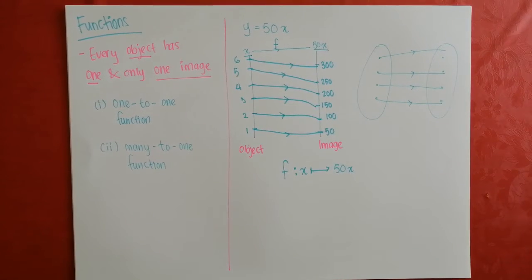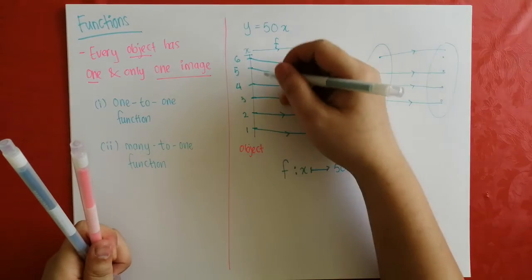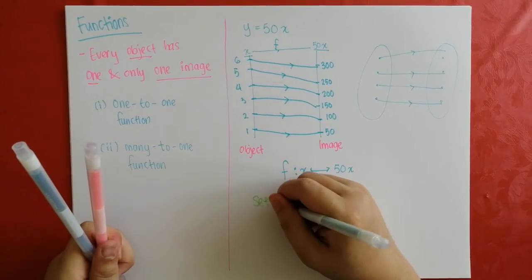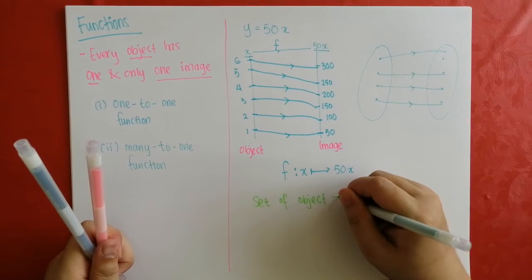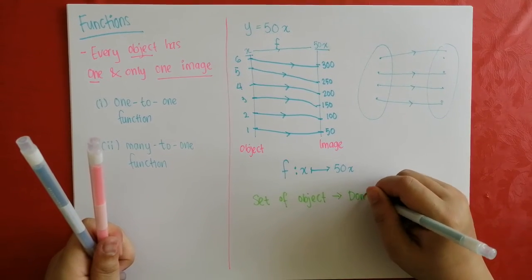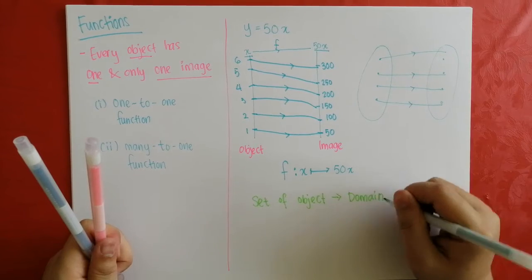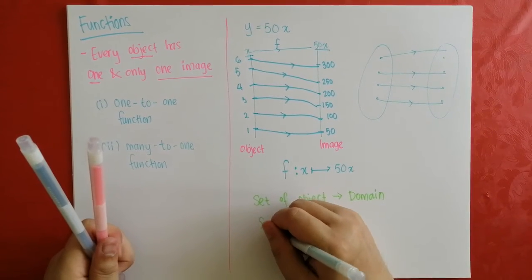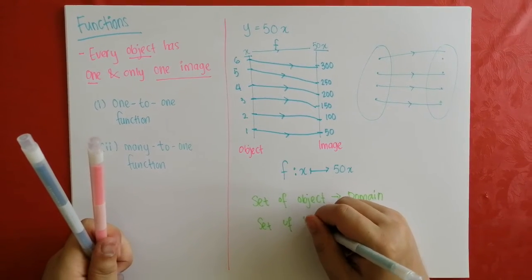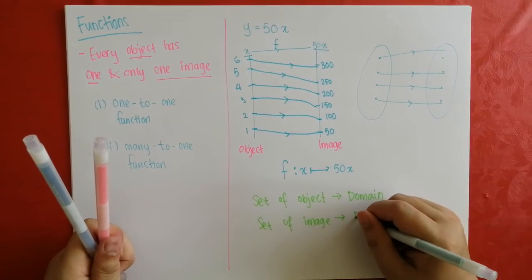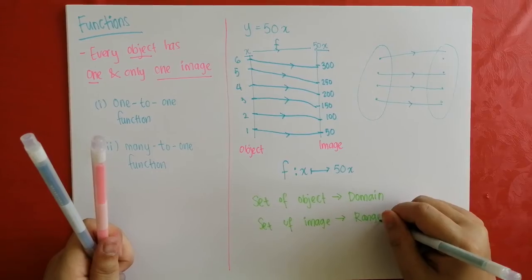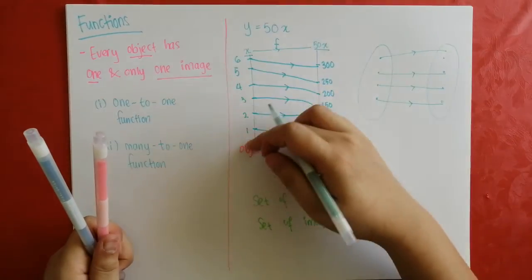Another name for that is we say that these are a set of objects. Another name for the set of objects is the domain. Then the set of images is referred to as the range.